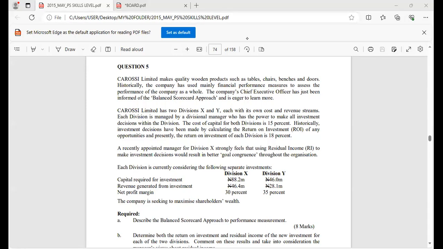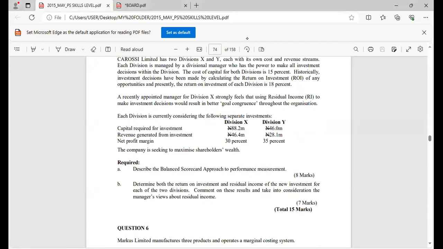B, determine both the return on investment and residual income of the new investment for each of the two divisions. Comment on these results and take into consideration the manager's view about residual income.